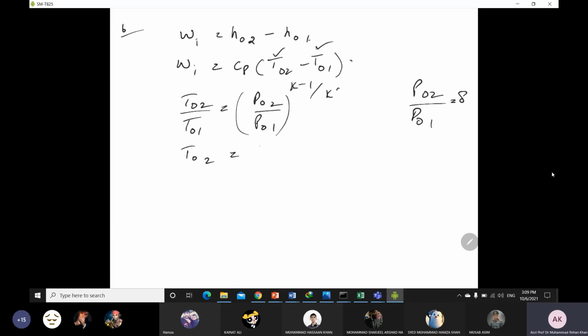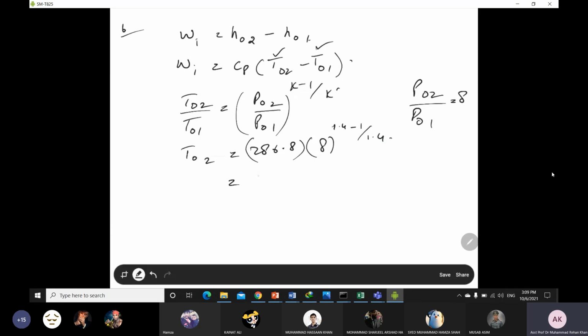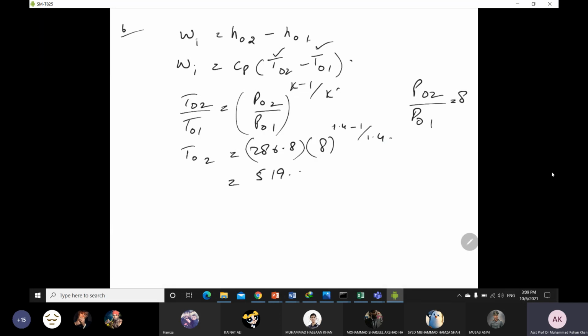So T02 is equal to 286.8 times 8 to the power 1.4 minus 1 divided by 1.4, and if you solve it, you will get 519.5 Kelvin, which is T02.